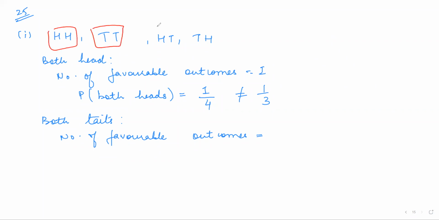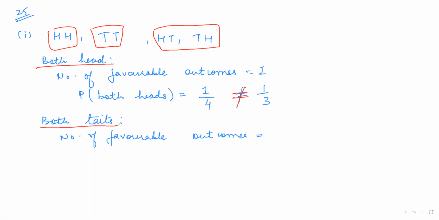This is the second case, and the third case is either one is head and the other is tail, or it can be tail and head. Like this is another set of cases, and they are saying for each of these outcomes the probability is 1/3. So the both heads case we have seen is actually not equal to 1/3.